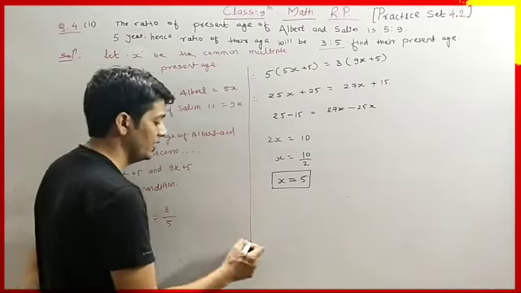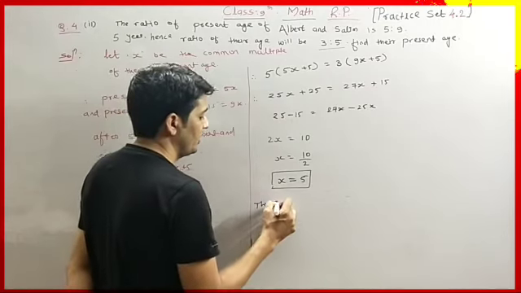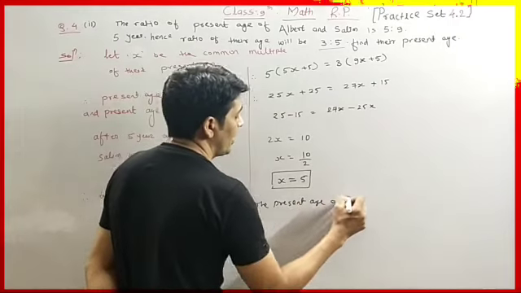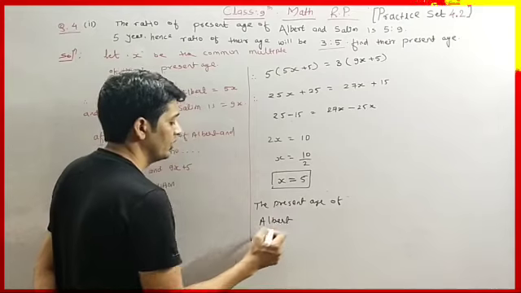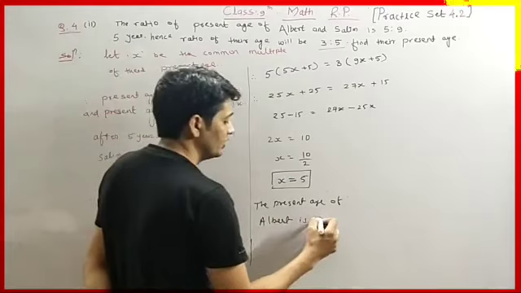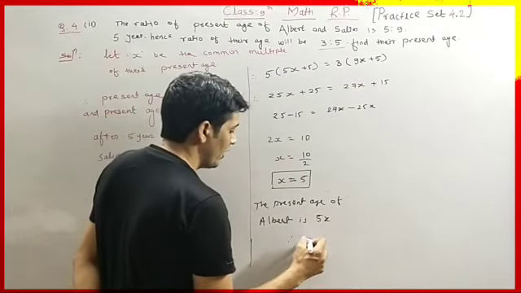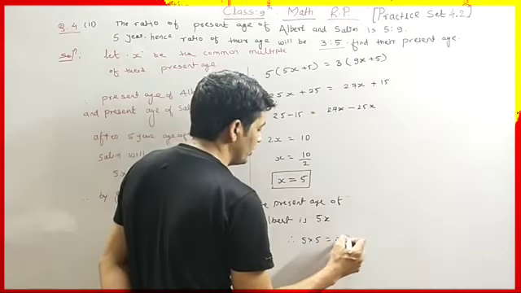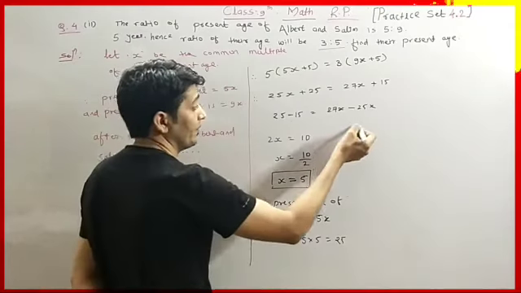Now we have to identify their present ages. The present age of Albert is 5x, so 5 into x, where x is 5, therefore 25. So Albert's present age is 25.